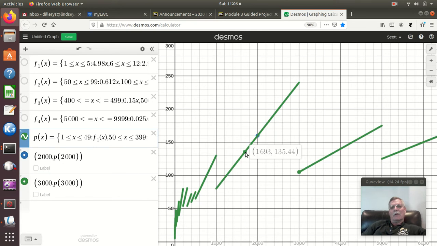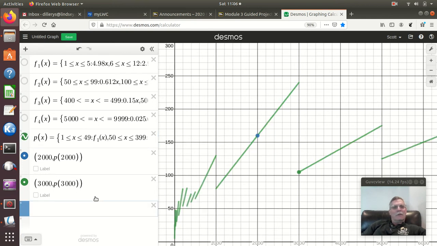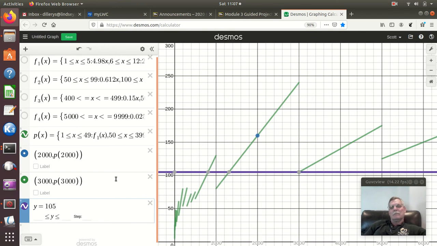If I was down here, well, that's more than the whatever that was. What was that? $105. If I just kind of pull down here, those are all priced higher than $105. Well, I can graphically see what's going on simply by typing in something like y equals 105, and you see there's my straight line, slope 0, and it comes over and intersects these other things.